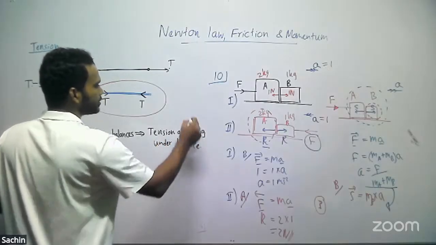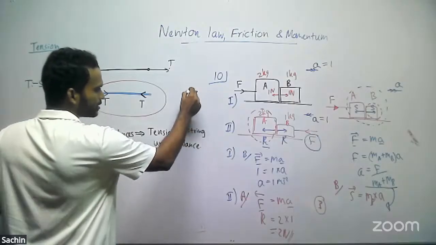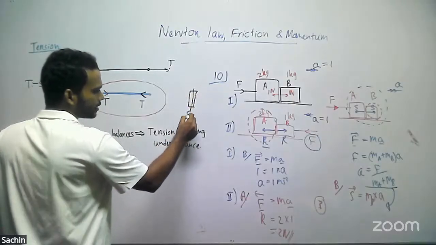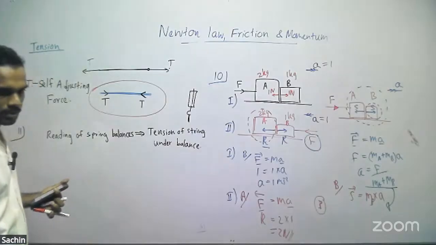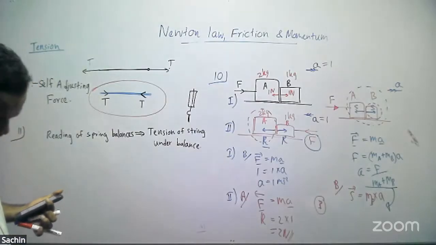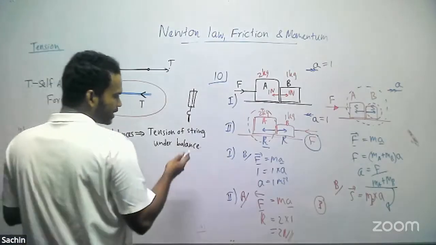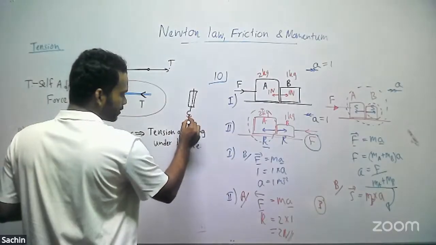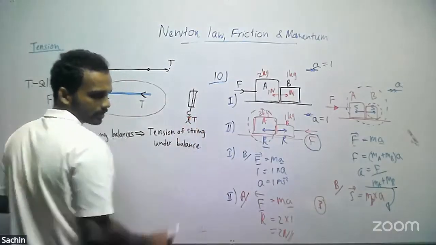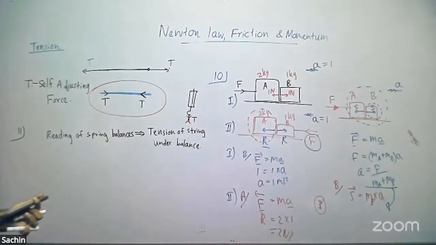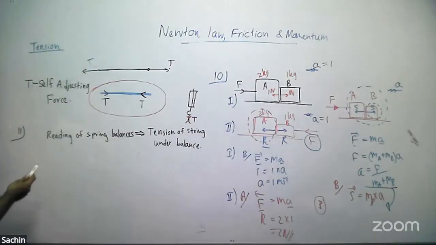That means, let's say the spring balance is connected like this, and there is a string below the balance. The reading of this spring balance is nothing but the tension in this string. So in all cases, we have to determine the tensions of the strings.